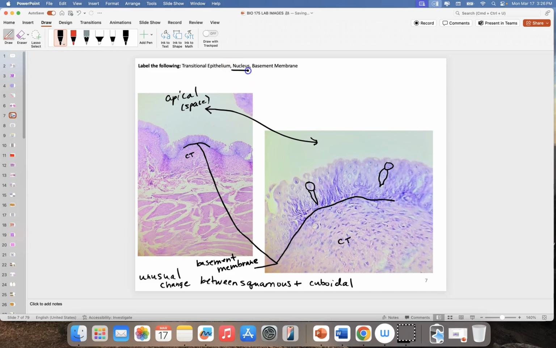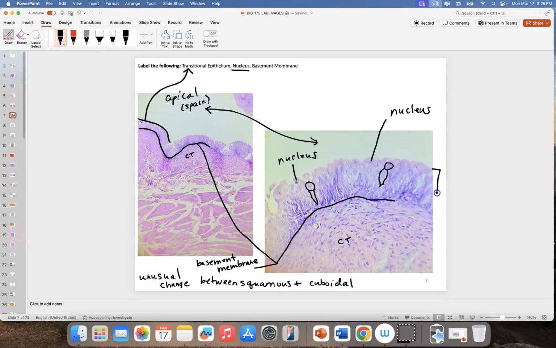Again, to find cells, it always helps to locate a nucleus. We can see one there pretty easily. We've got one here as well. And all of this tissue here that we can see that faces the apical surface, all of this is going to be that transitional epithelium.